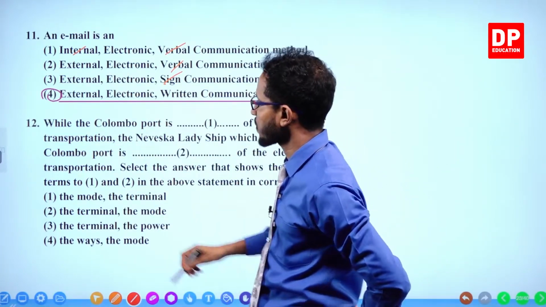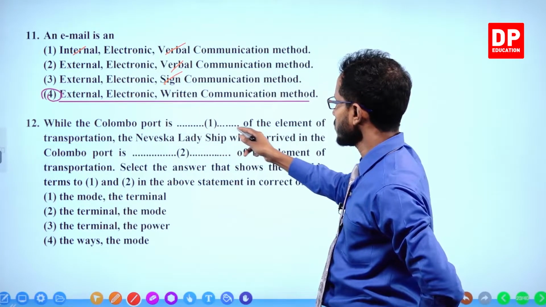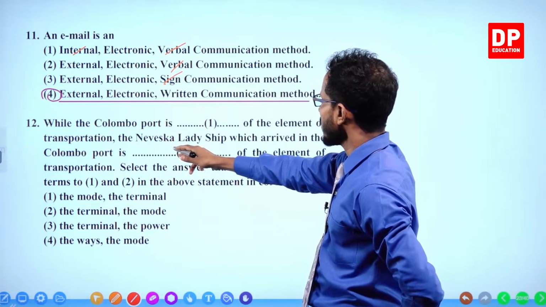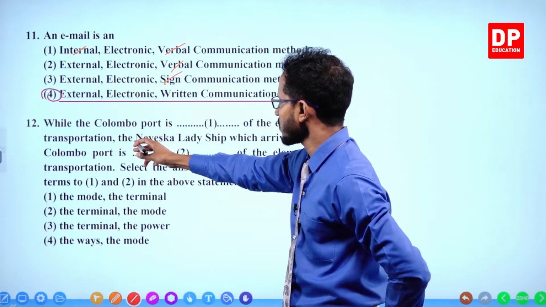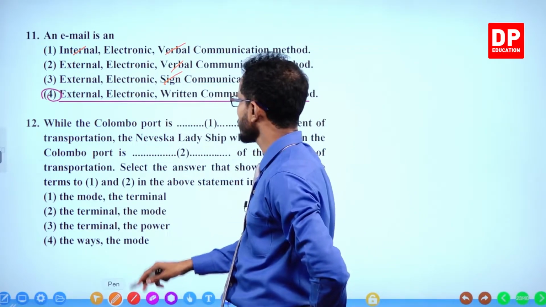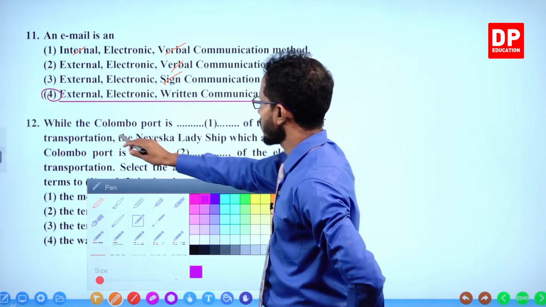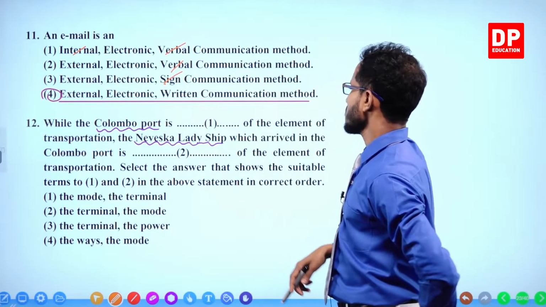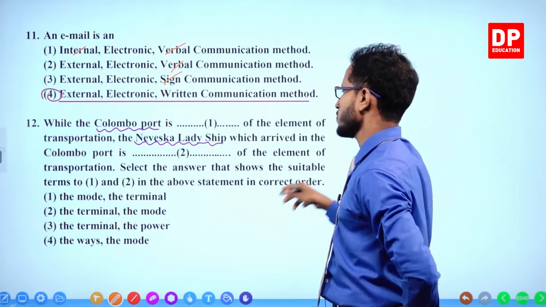Question 12. The Nevasca Lady ship, which arrived in the Colombo port, is a T of the element of transportation.